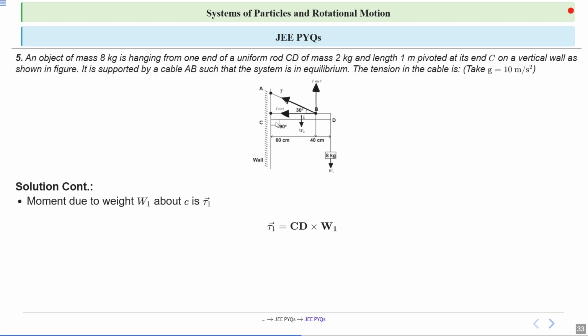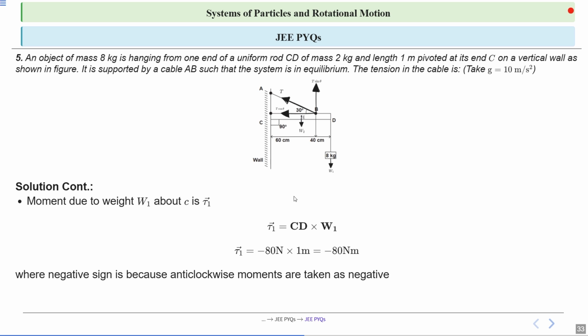CD is R and W1 is the weight. So minus 80 Newton into 1 is equal to minus 80 Newton meter, where the negative sign is because anti-clockwise moments are taken as negative.